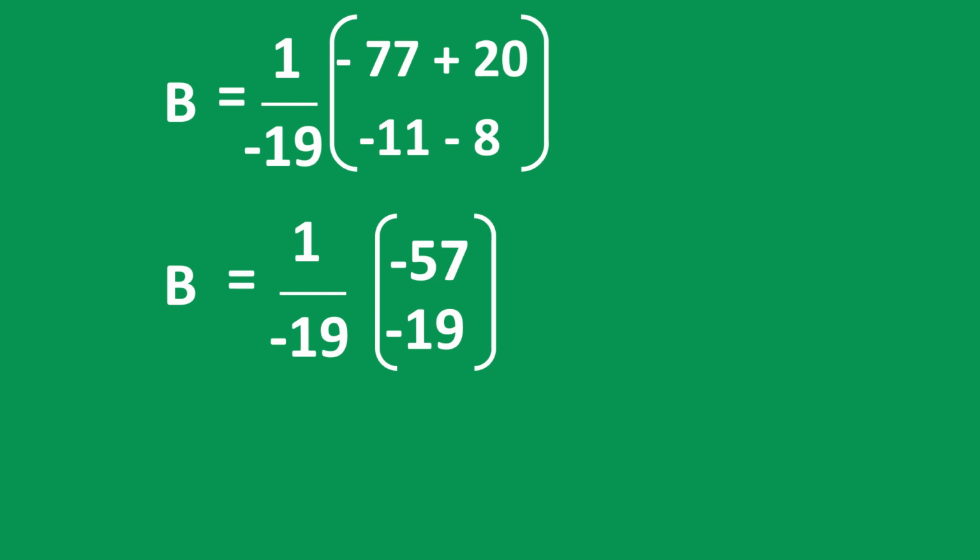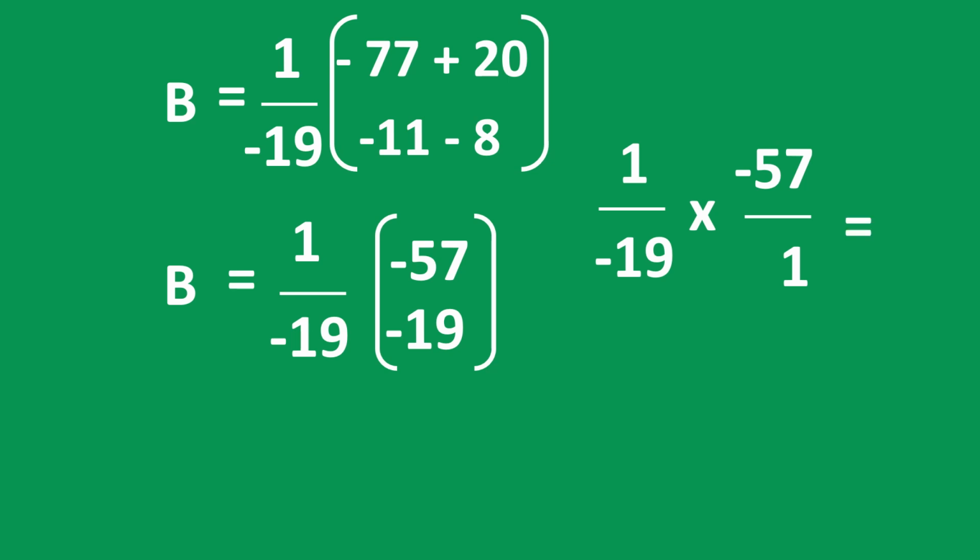We'll expand the b value, and simply multiply 1 over minus 19 by minus 57, and then also multiply 1 over minus 19 by minus 19. Let's see the quick calculation at the side. We have 1 over minus 19 times minus 57.